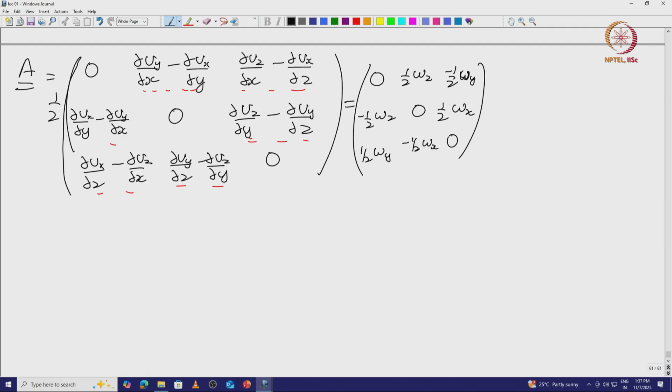So, I can write this also as the relative velocity. You can also write the relative velocity as delta V is equal to half omega cross delta x. So, let us look at what this half omega cross delta x gives you.